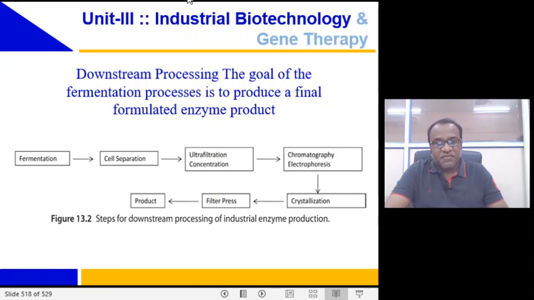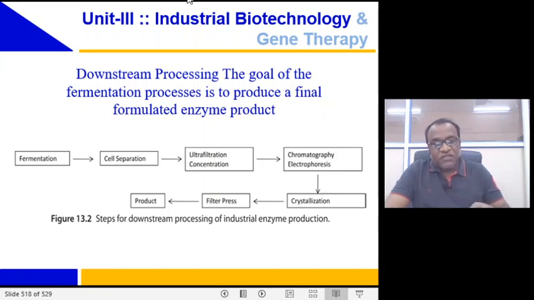But most of the industrial enzymes produced are extracellular, and the very first step in their purification is separation of the cells from the broth, that is, the fermentation broth. Now we have filtration, centrifugation, flocculation, flotation, and finally concentration methods, which ultimately lead to the development of a concentrated product.